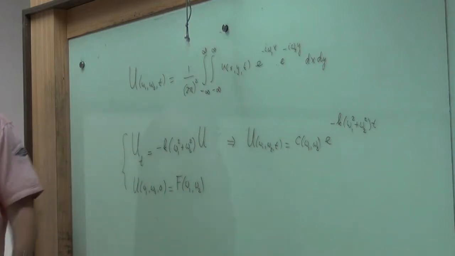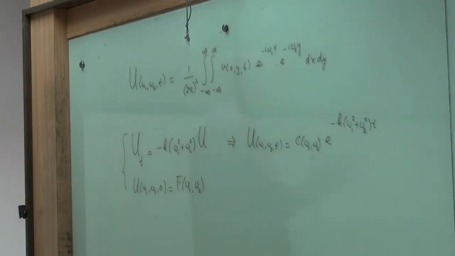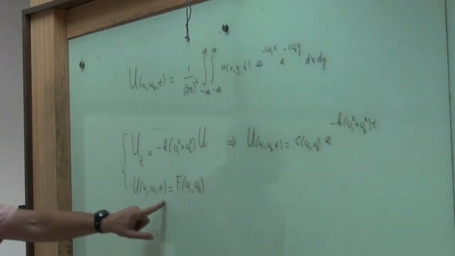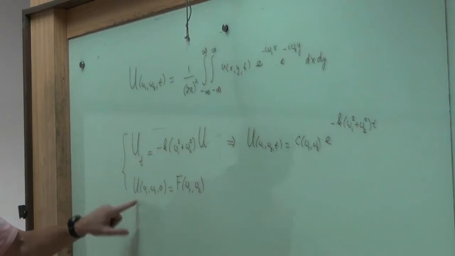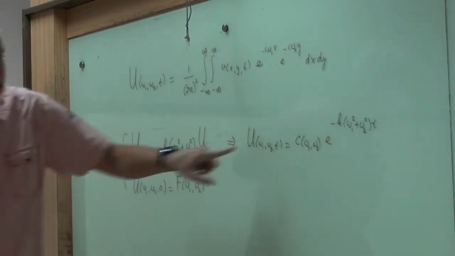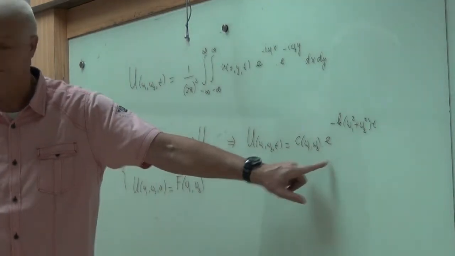It's integrable as an ODE, and then the constant depends on the variables with respect to which I'm not integrating. And I'm not integrating with respect to omega 1 and omega 2, so the constant depends on omega 1 and omega 2. Then I have this initial condition for t is equal to 0. If t is equal to 0, my u should be equal to f, so that constant should be equal to f.